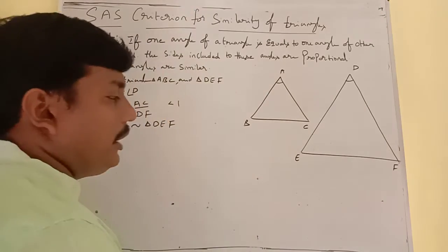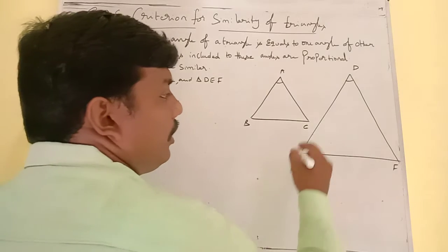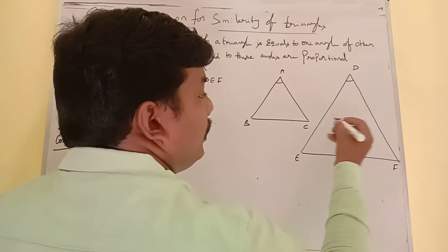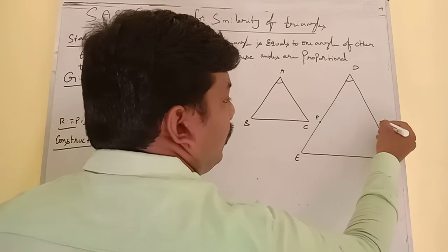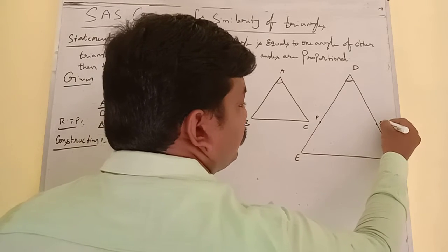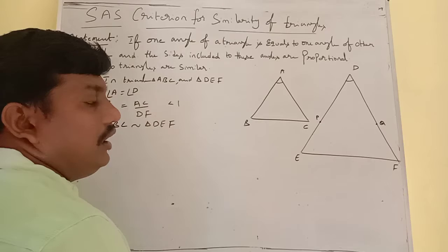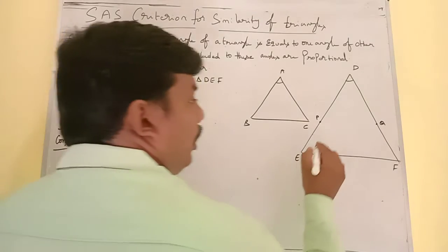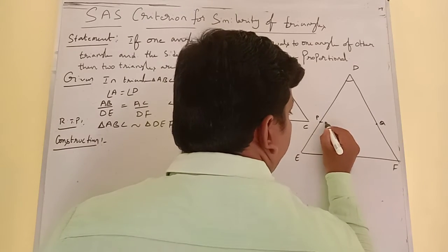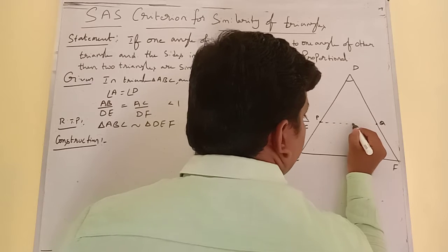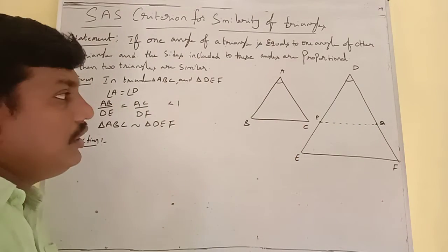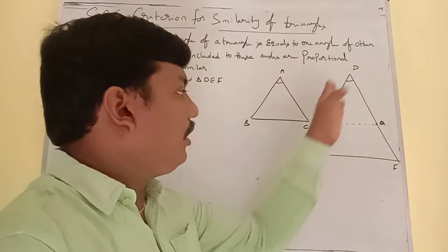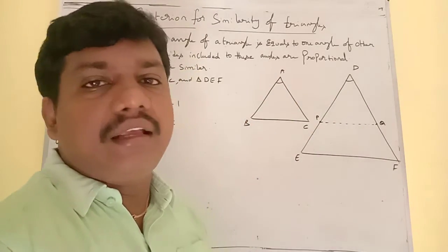Construction: locate a point P on DE and a point Q on DF respectively, and join the line segment PQ, such that DP length is equal to AB and DQ length is equal to AC.